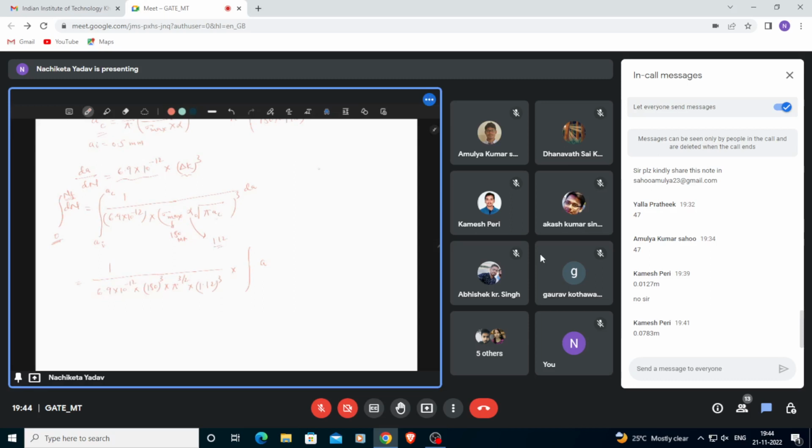This is a minus 3 by 2 dA, AI to AC. This value we know already. Just integrate this one.